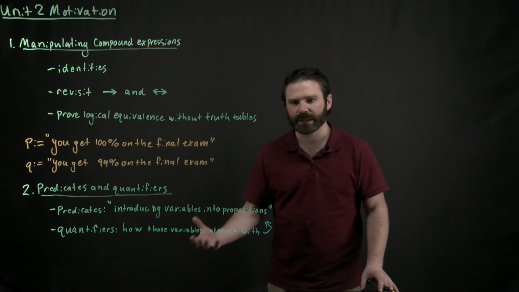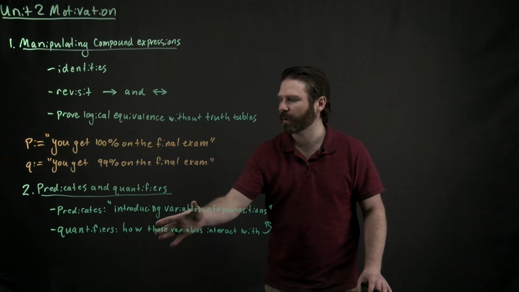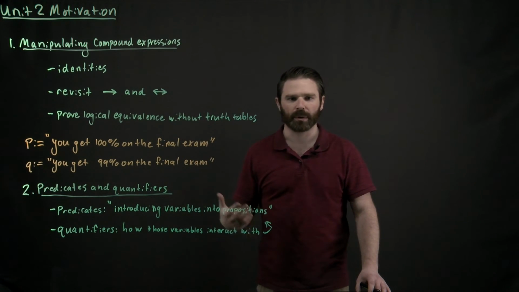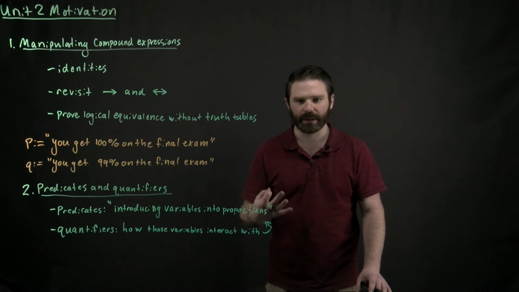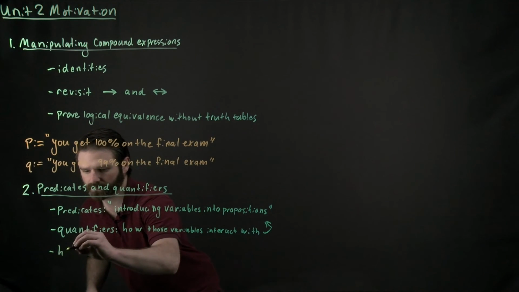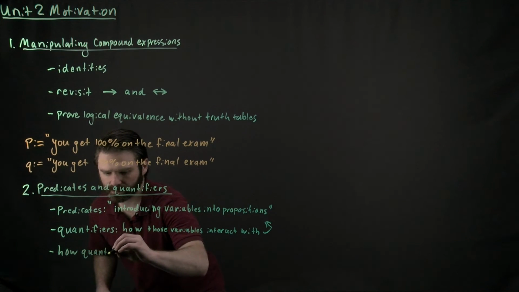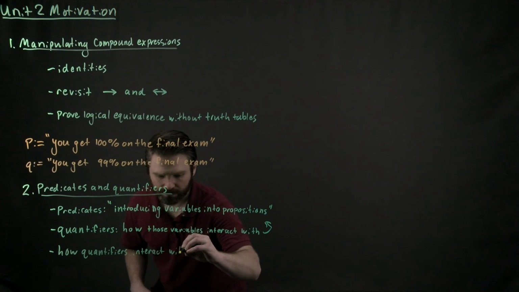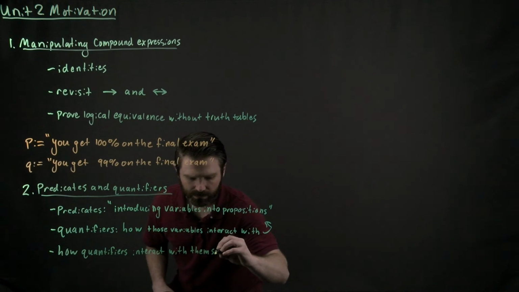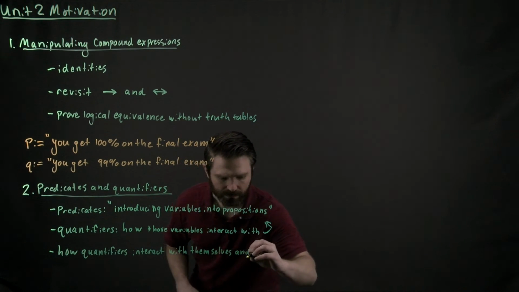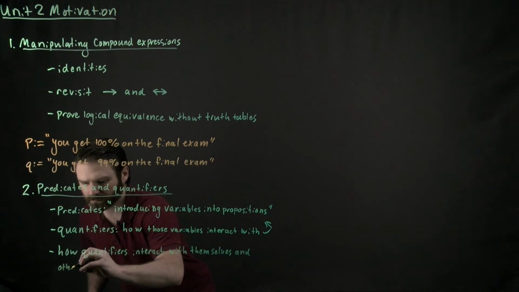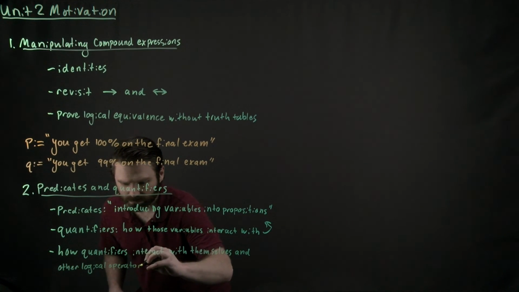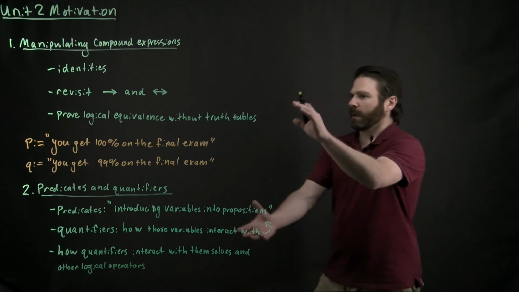And then next, what we need to do is relate predicates and quantifiers back to all these identities and the different logical operators that we've looked at. And that's going to be the third part.